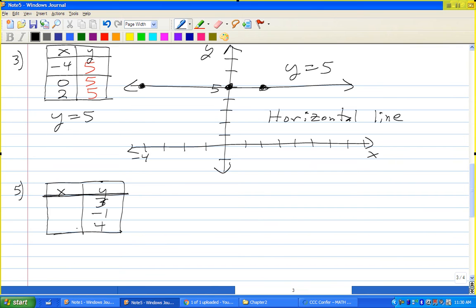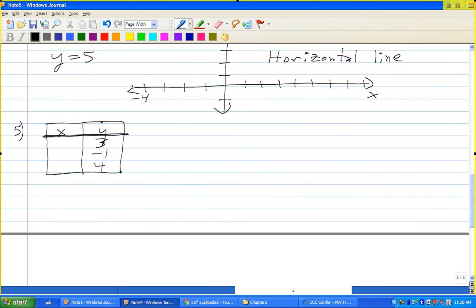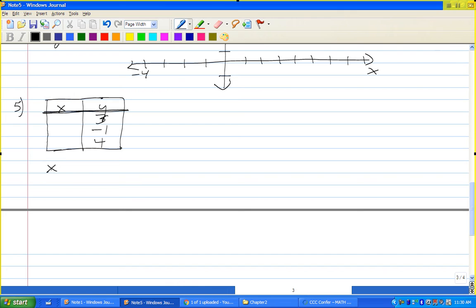The equation is x plus 2 equaling 0. Subtracting 2 from both sides of my equation, I have that x is always equal to -2. Let's try to sketch the graph of this.